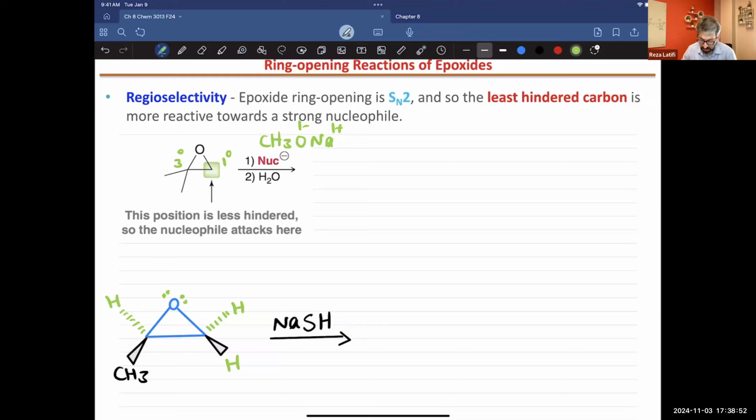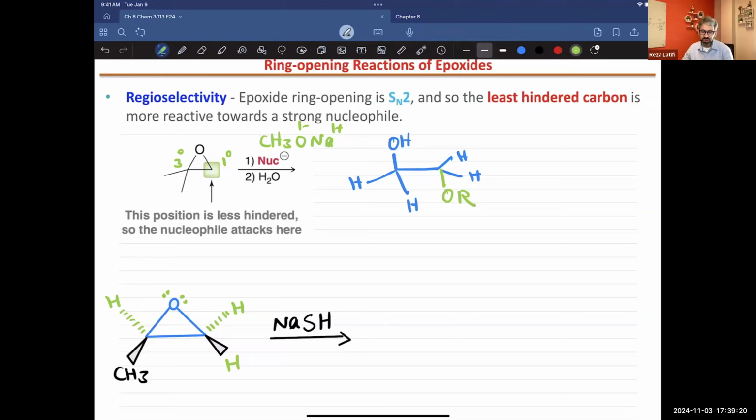nucleophile. So the attack will happen on a carbon with less substituent, and because it's an SN2 reaction, in the product we will have OH here, and then we will have methyl and methyl. And then this one we have two hydrogens, and we will have the OR there.